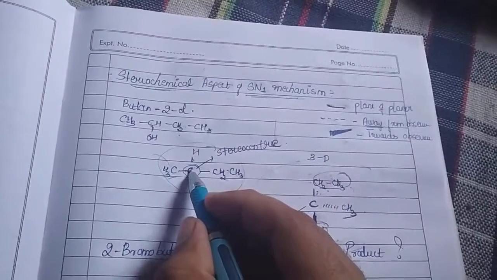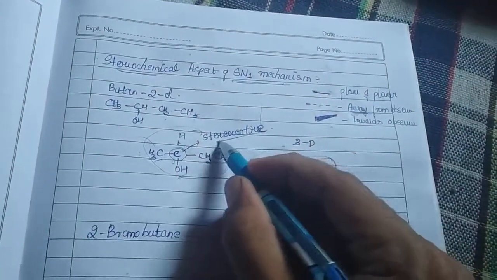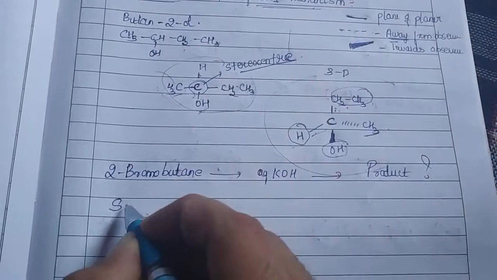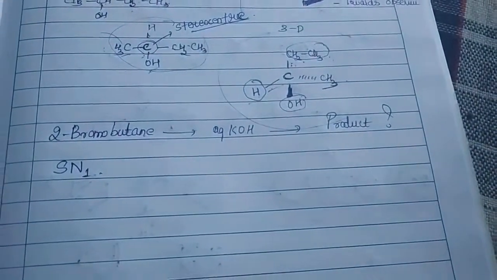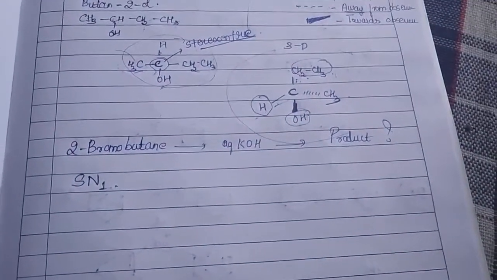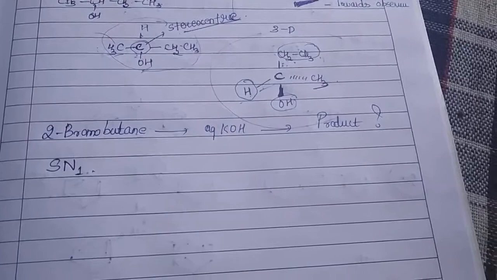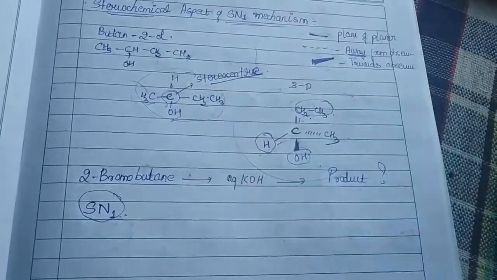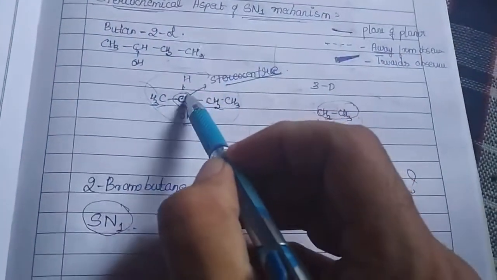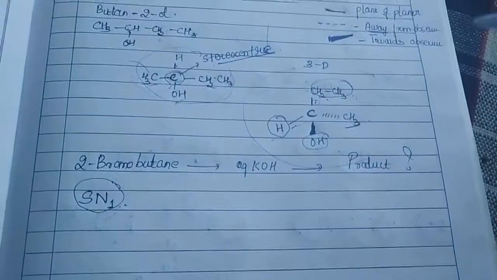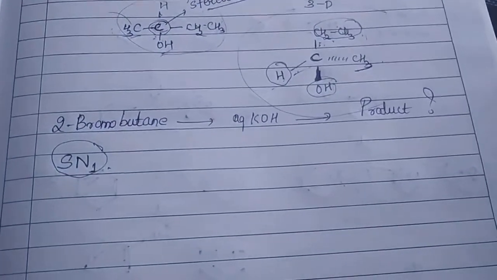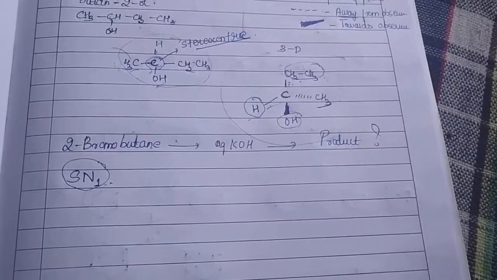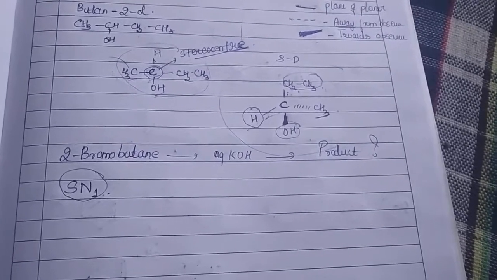And the carbon attached to 4 different groups is called a stereo center. Remember that whenever we follow the SN1 mechanism, if the halogen, be it bromine, chlorine or iodine, is present on such a stereo center carbon, your product is going to give you a racemic mixture. Your product will be giving you a racemic mixture.